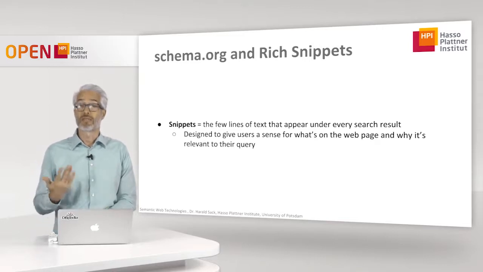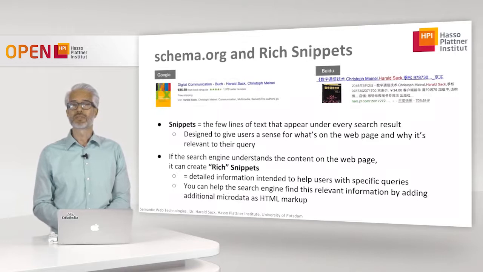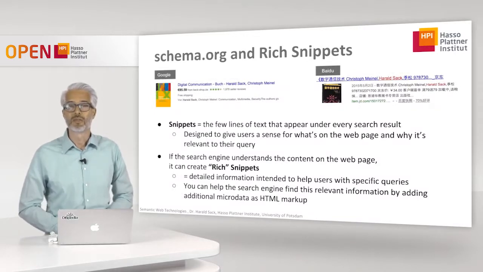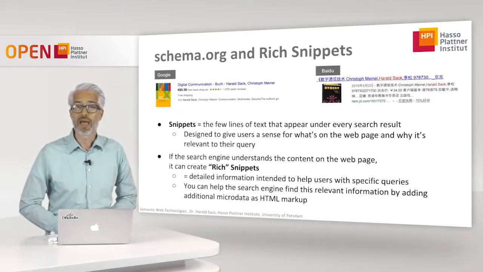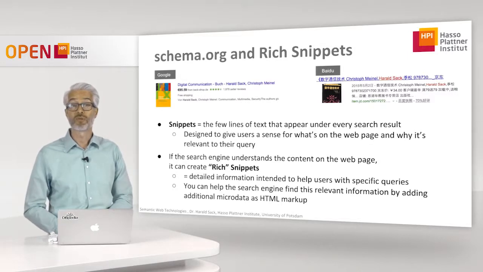In former times, of course, there were only a few text lines. But what you know now, if you're searching with Google or Bing, you will see some so-called rich snippets. You can see rich snippets whenever there is some microdata available within the website it refers to.